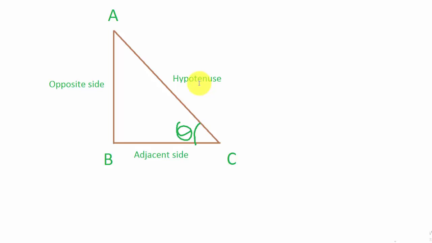Now, cos theta, that is adjacent side divided by hypotenuse. Now, tan theta is equal to opposite side divided by adjacent side. Now, cosec theta is just the reciprocal of sine theta. Sec theta is the reciprocal of cos theta, and cot theta is the reciprocal of tan theta.